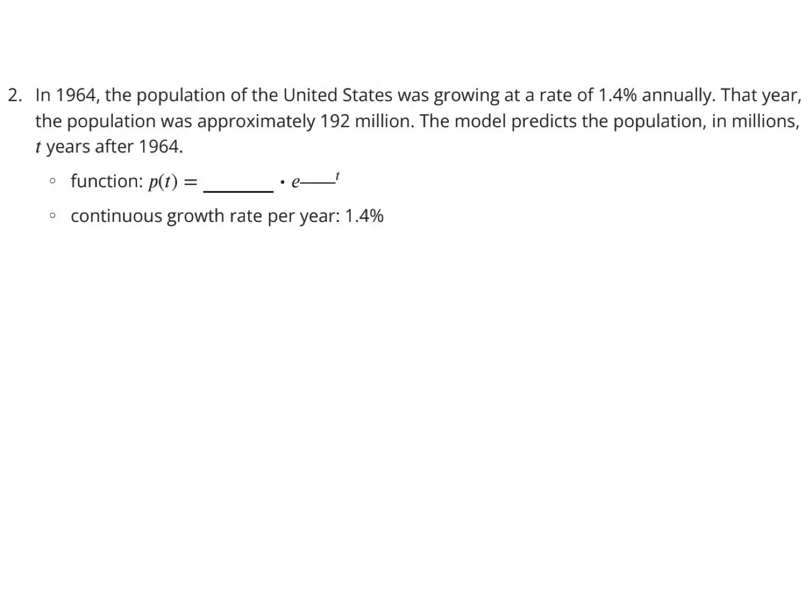Okay, so for 2, my start in 1964 was 192 million. 192 is my start. I take 1.4%, I divide it by 100 to get a number, and that gives me 0.014.